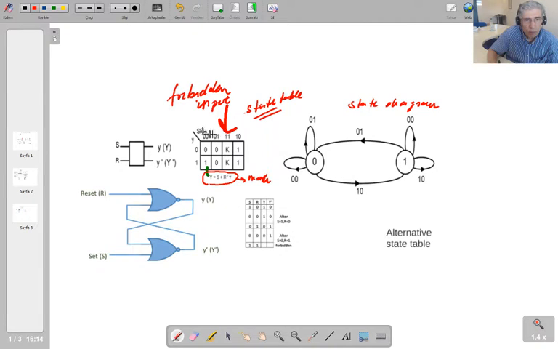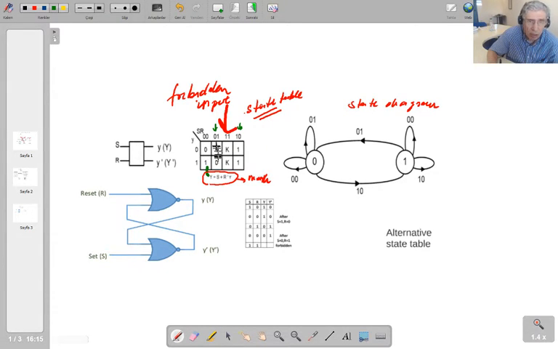So look at when that is forbidden. What is left? S and R values, different cases. So make this column a different color, or this column. We can say that these two columns are where the inputs are different from each other. If you look at this one, the S value is independent from the present state value, and makes the output 0, isn't it? So that means the S value is the same as the next state value.